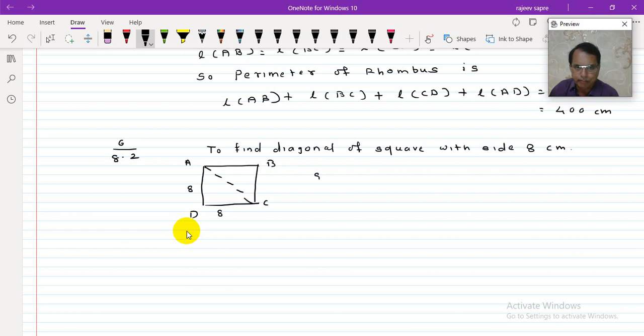So solution: let ABCD be the square of side 8, right? And AC be the diagonal.